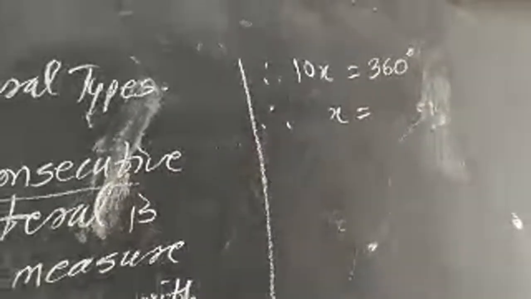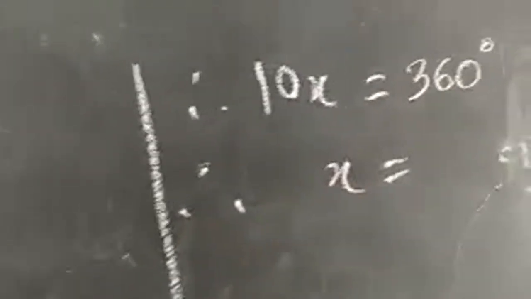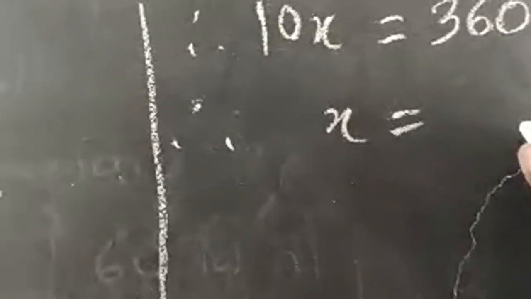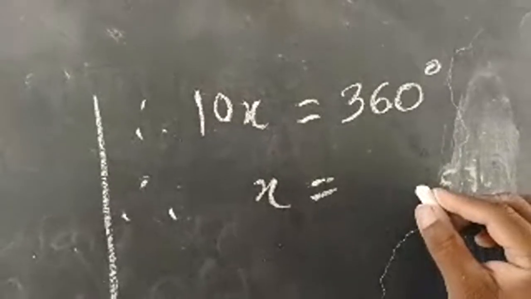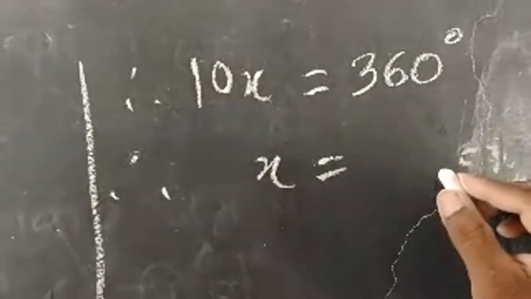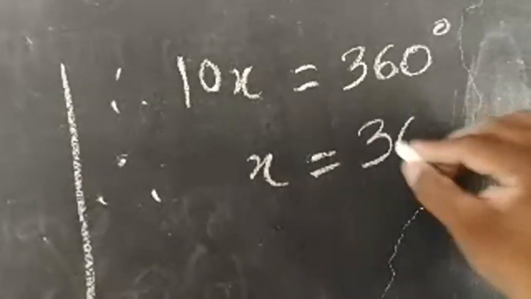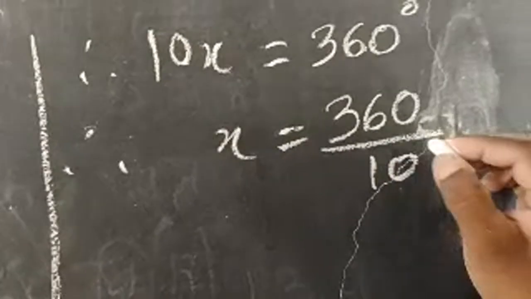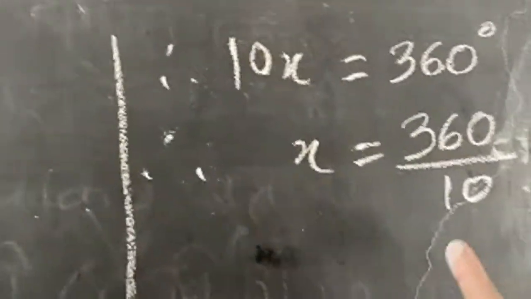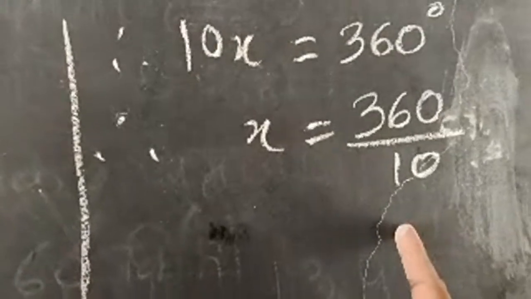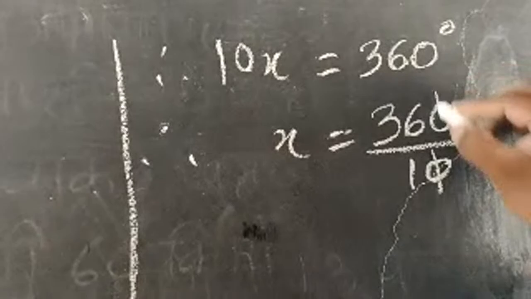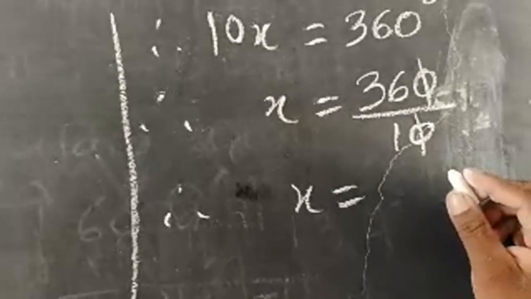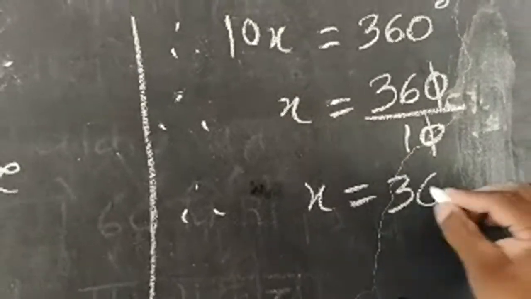Therefore, x is equal to 360 upon 10. 10 multiplied, taking on the RHS side, it becomes divide. 0, 0 get cancelled. x is equal to 36 degree.